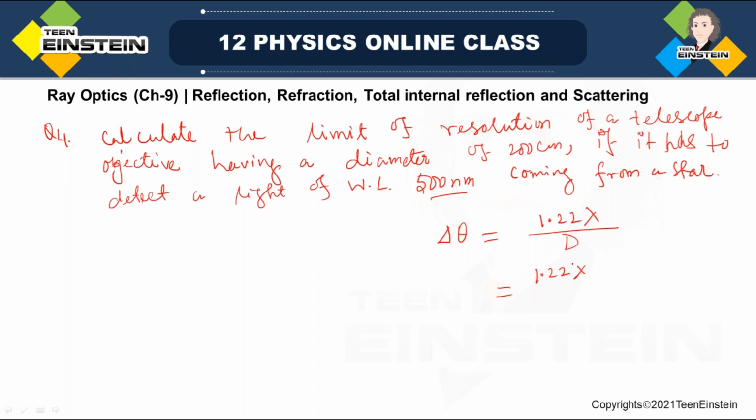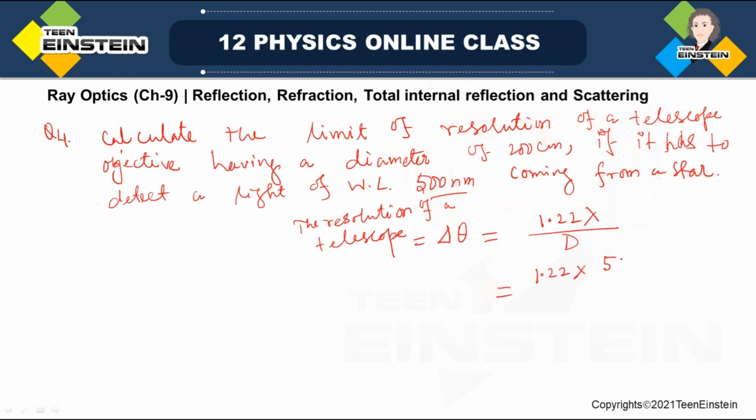This is a very simple problem, but it had been asked in the 2019 JEE Mains paper. So this formula is very important. So the resolution of a telescope is given by this. Lambda is given.